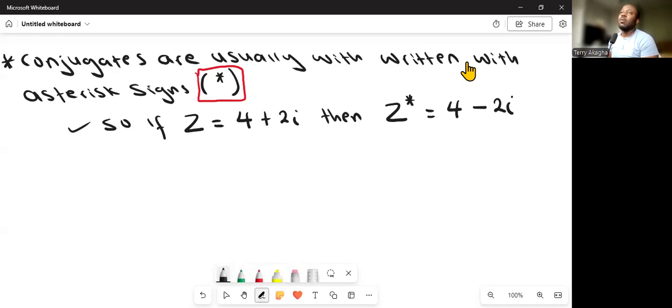Now, in this case, z asterisk was equal to 4 minus 2i, like from above, right?